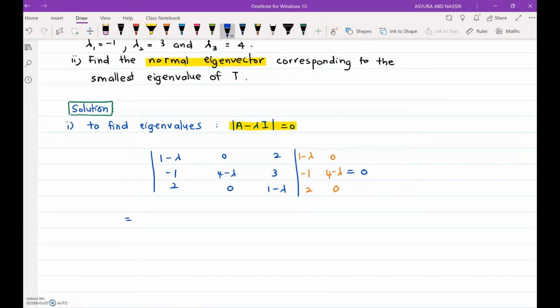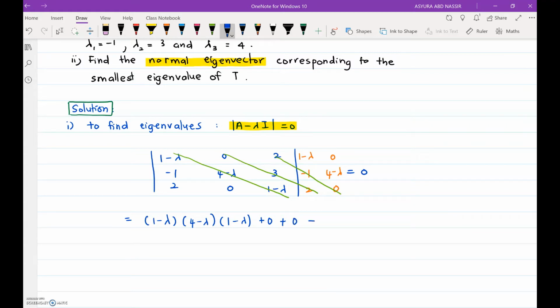So we will have the first one: 1 minus lambda times 4 minus lambda times 1 minus lambda. Next we have this one. Since we have 0 there, 0 times 3 times 2, we just put plus 0. And then plus the third one, 2 times negative 1 times 0, we have 0.